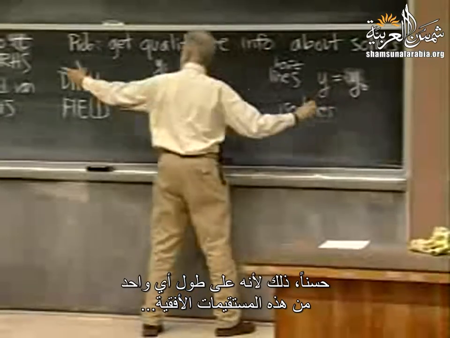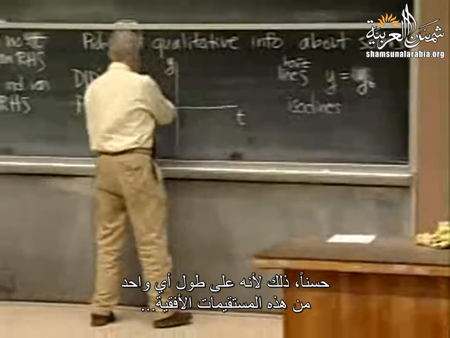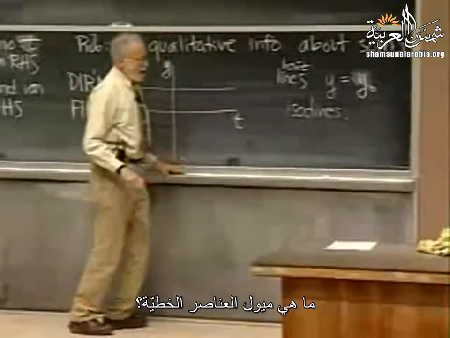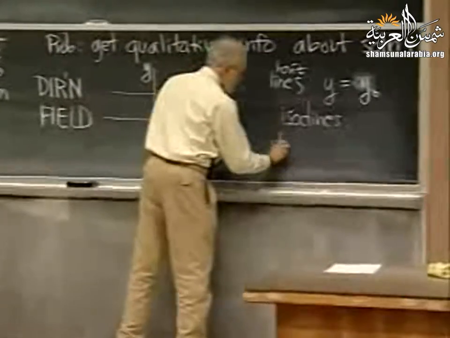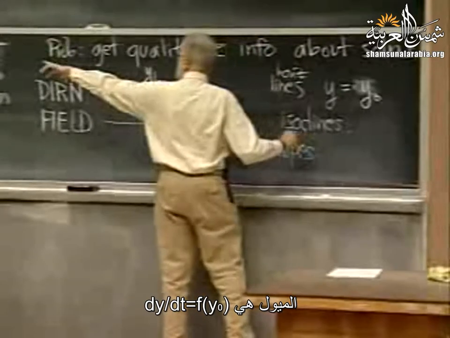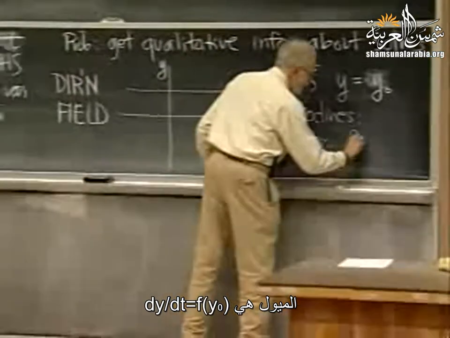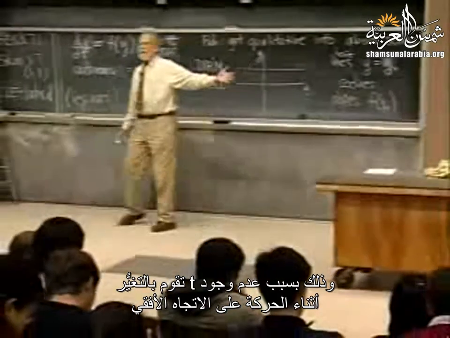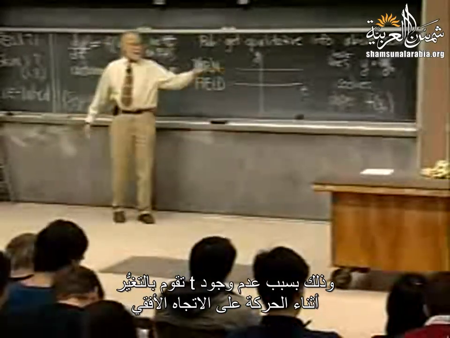Why? Well, because along any one of these horizontal lines, I'll draw one in, what are the slopes of the line elements? The slopes are dy/dt equal to f of y0, but that's a constant because there's no t to change as you move in the horizontal direction.